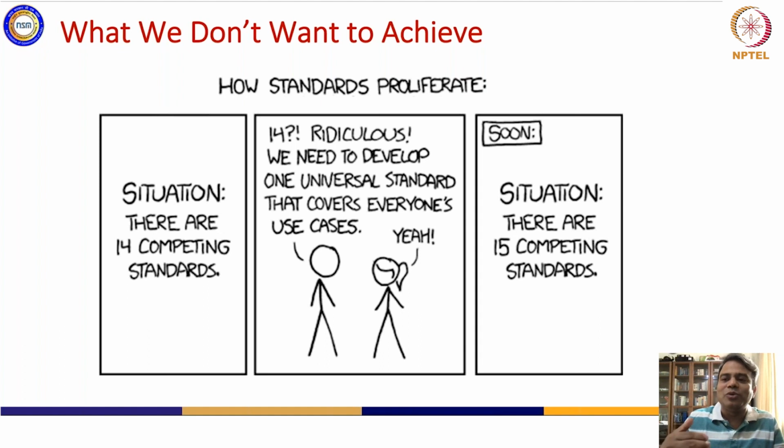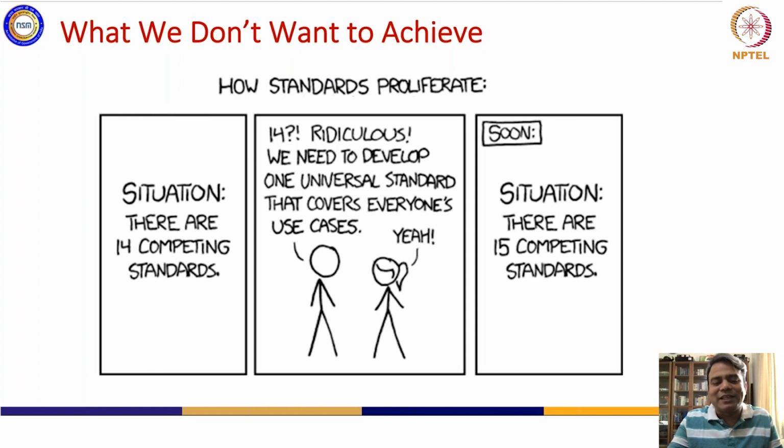So I can do 25 gigabits per second. But another company says, I've got engineers who cannot design the on-off control so fast, but they can do it very accurately, so I can do multiple levels of analog voltages. So I will propagate a standard which uses a different kind of modulation. So there are so many things.